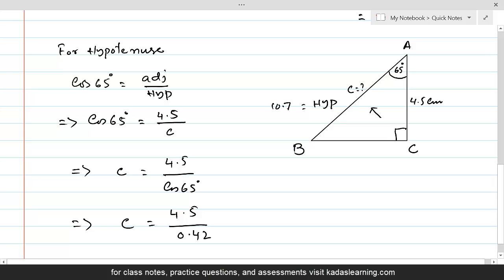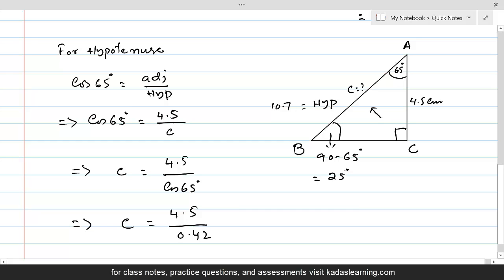then for solving the triangle, the angle at B is the complementary angle of angle at A. Therefore, we can simply subtract from 90 and we will get the angle at B, which is equal to 90 minus 65 degree, and this is 25 degree angle.